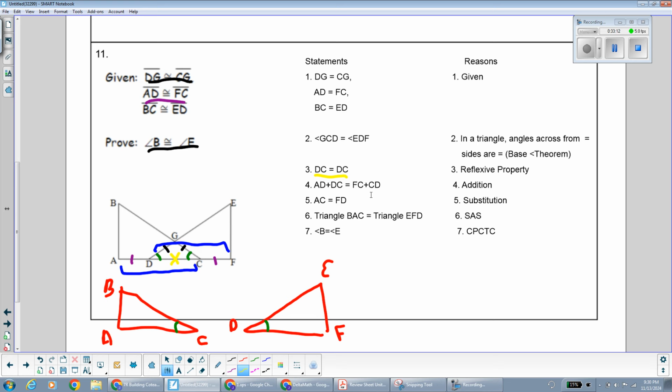And that will make our addition valid so that we can prove the triangles congruent. So that gives us AC congruent to DF. And our last piece of given information was that BC is congruent to ED. So what we have here is side angle side, proving the two triangles congruent to each other.